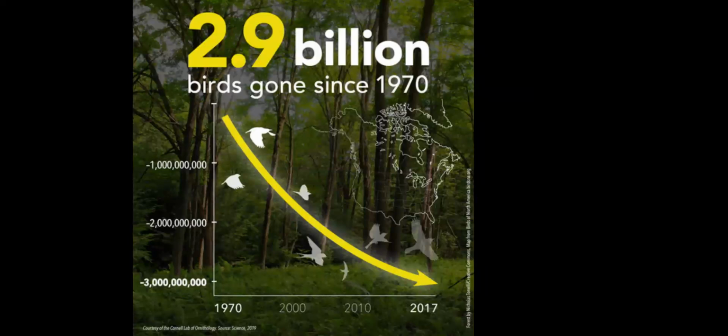Estimate is that we've lost almost 3 billion birds since 1970. So basically in my lifetime, we've lost 3 billion birds from the planet, and they're across many different kinds of species, from our common backyard birds, desert birds, shore birds. Many species are in decline.